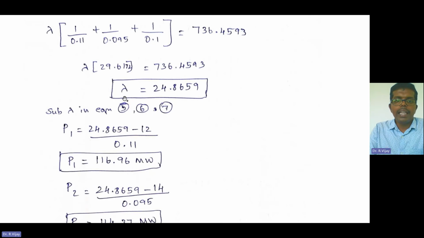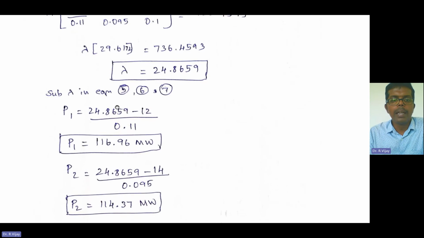So by finding, lambda is equal to 24.6859. That is the value of lambda. Did you also get the same answer or not? Just make a comment. Next step, substitute lambda in equations number 5, 6 and 7, and we will get P1, P2 and P3.